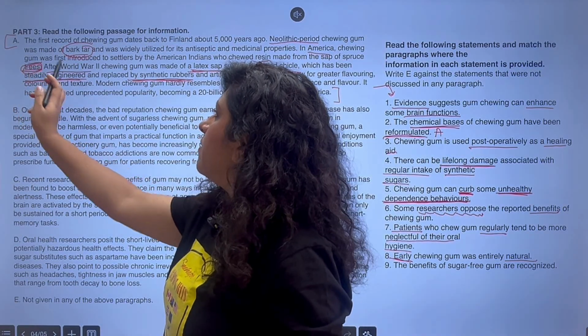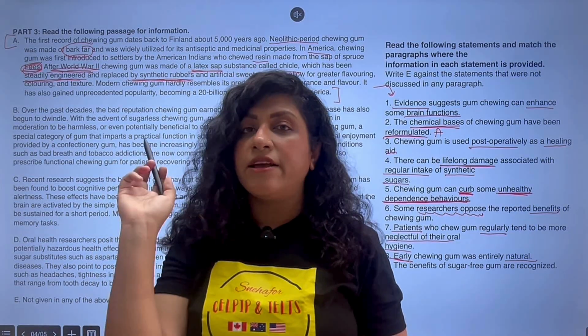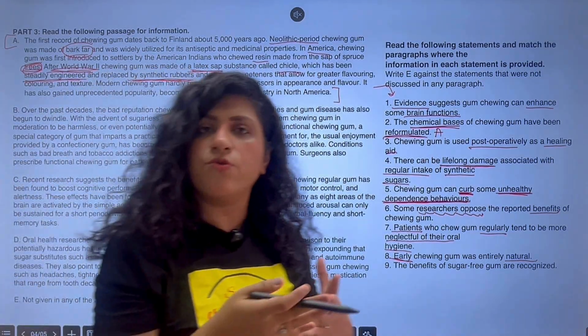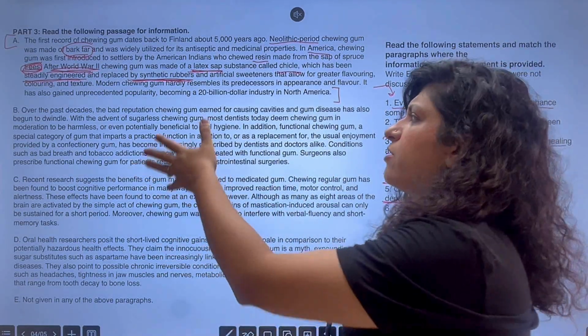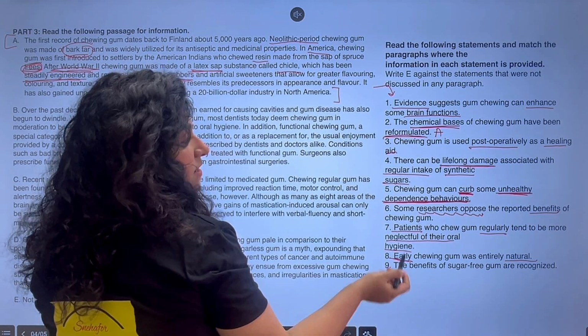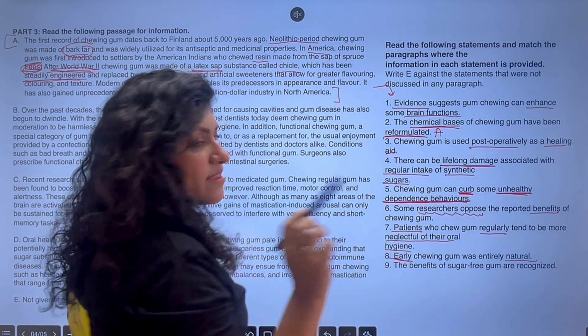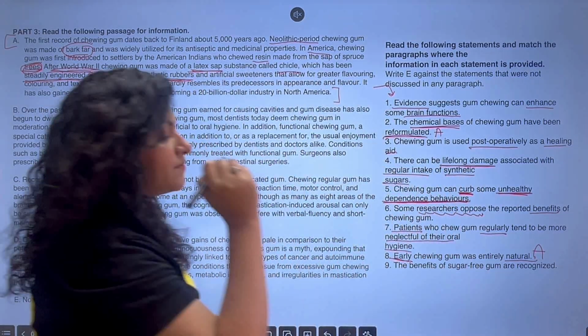So, before World War II, chewing gum was made entirely natural. It was after World War II when it started being made of synthetic rubbers. So, yes, early in history, chewing gum was entirely natural. So, this will have A as the answer.